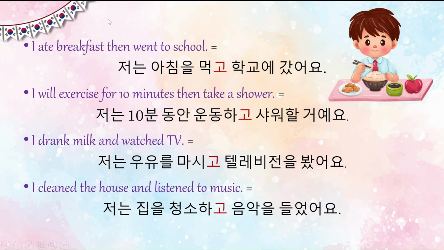Now, here, first you had your breakfast and then you went to school. So, obviously, the first action comes first. Then you attach the particle ko to the verb stem and then you link or attach the second clause or sentence to this first sentence. Okay, I hope you're getting this.